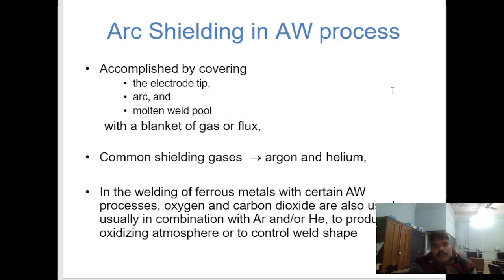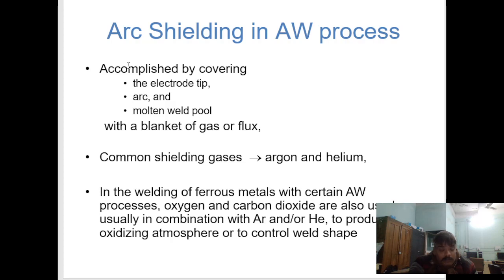Arc shielding in the arc welding process is accomplished by covering. Why is shielding required? Because we know that in the atmosphere lots of oxygen gases are present. So during welding, what will happen? This oxygen will be entrapped in the workpiece.